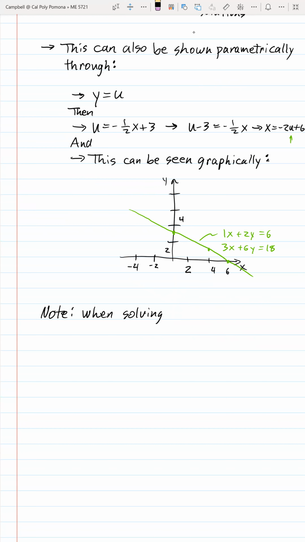When solving, and remember, that's the special case, the homogeneous, when solving the homogeneous form of this system.